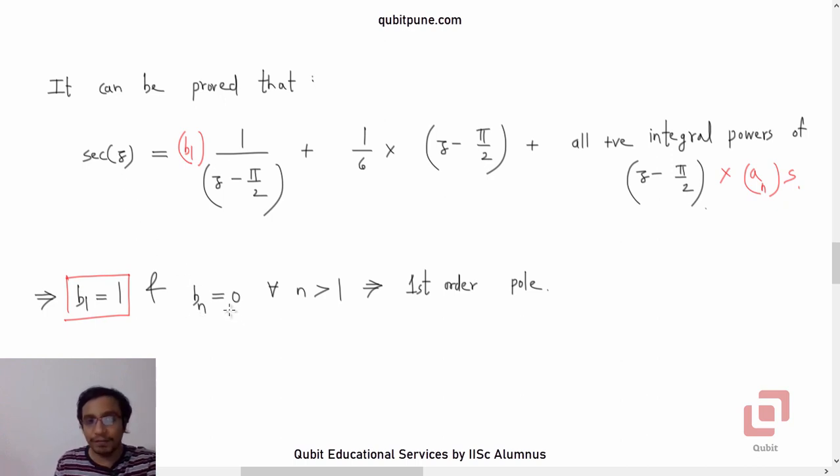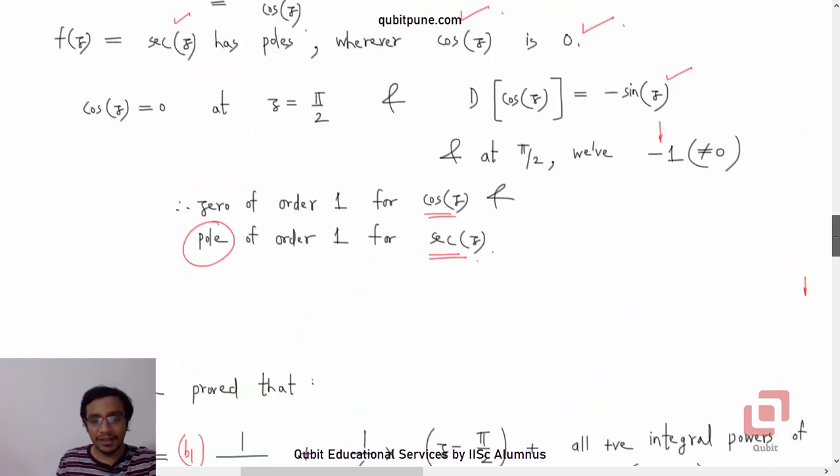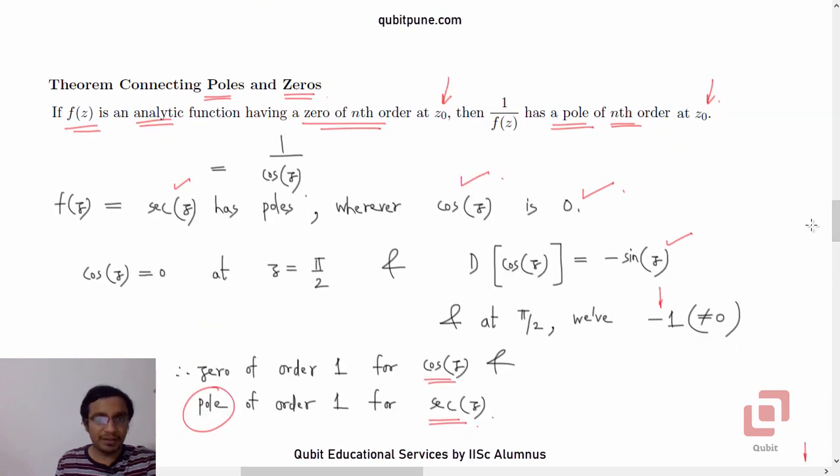Which means if the bn's are equal to 0 for all values of n greater than 1, it must be a first order pole, what we call a simple pole, because it is a pole of order 1. So to summarize, if you have a function and its reciprocal, and the function is analytic and has a zero of nth order at some point, the reciprocal of that function will have a pole of the same order at the same location.